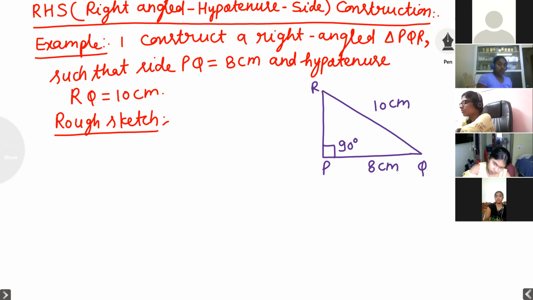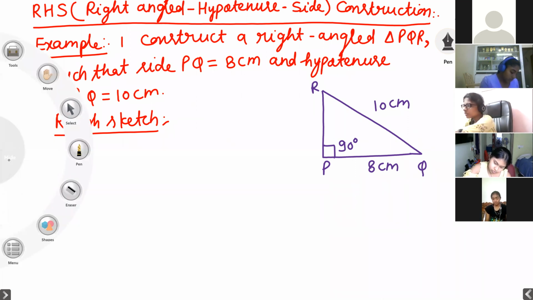Yeah, I am going to start my construction. Give 10 line gaps, students.